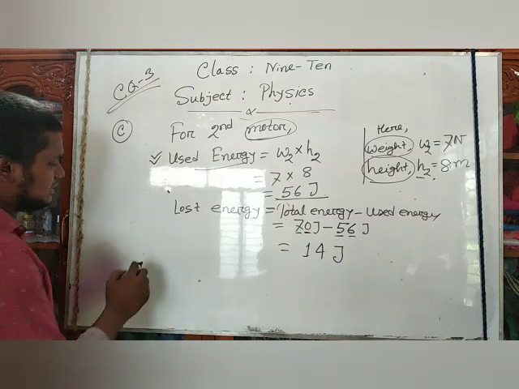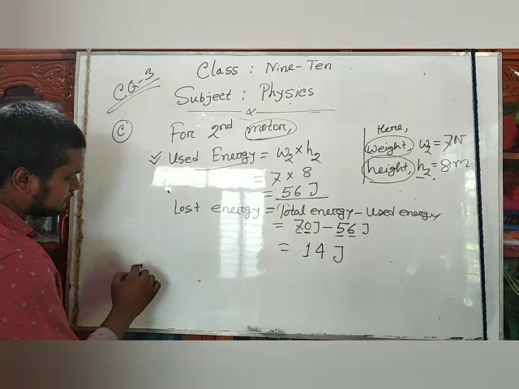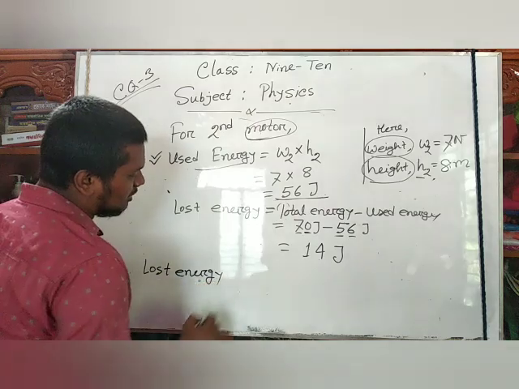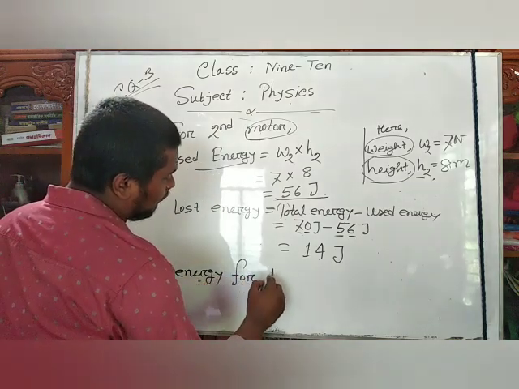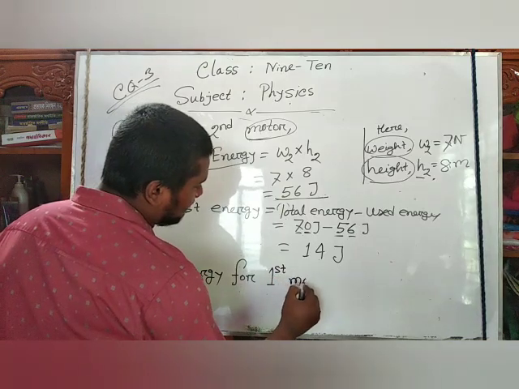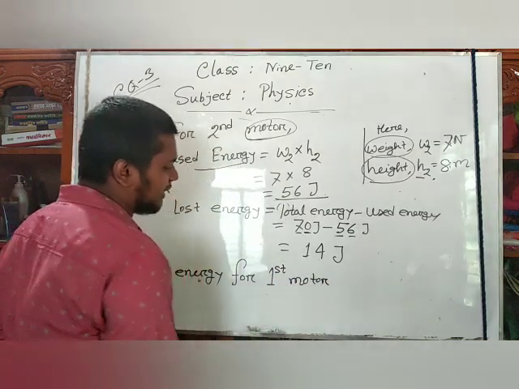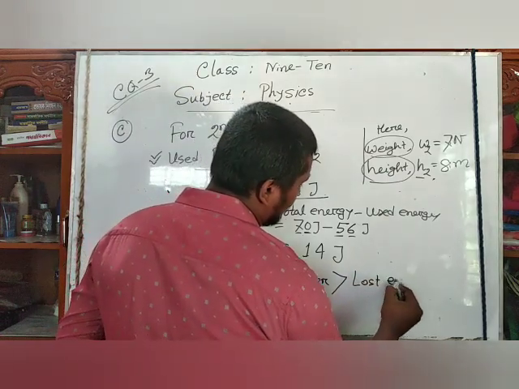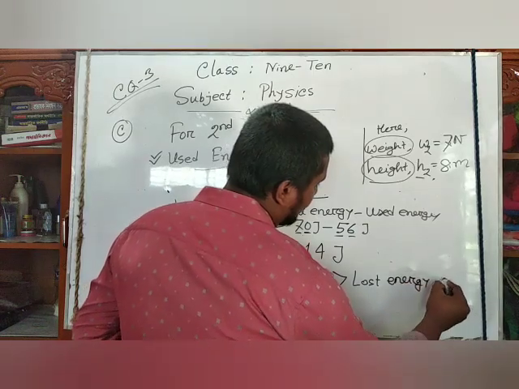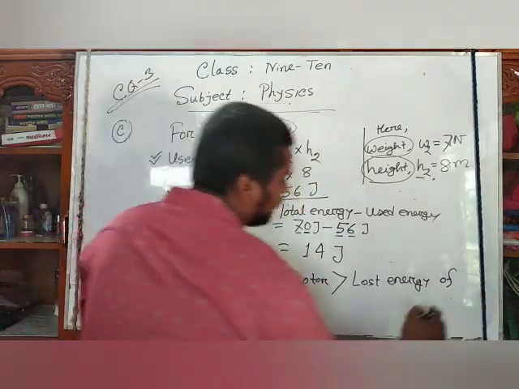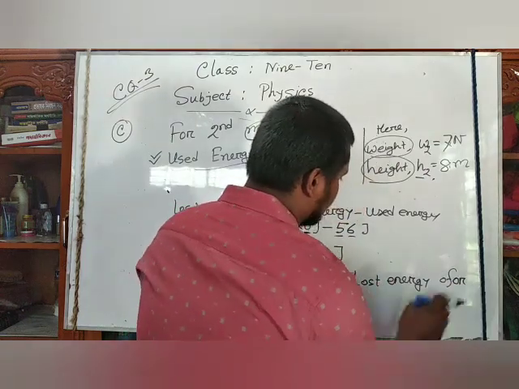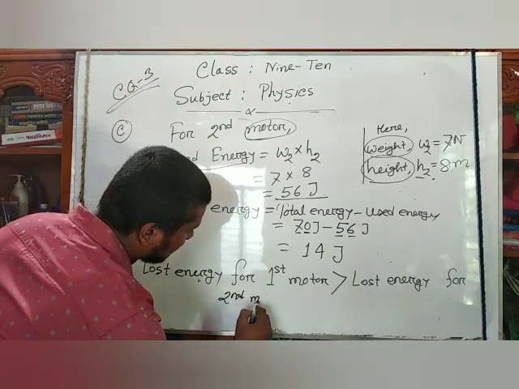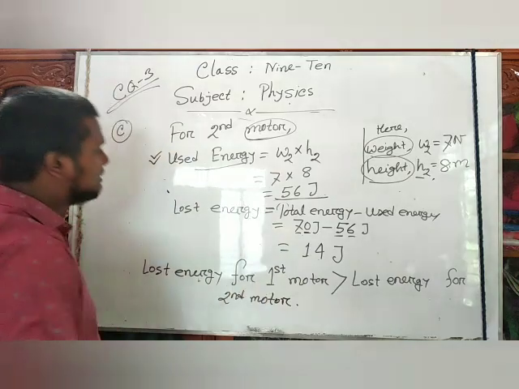You see that the lost energy for the first motor is greater than the lost energy for the second motor, and this is the answer of C-type.